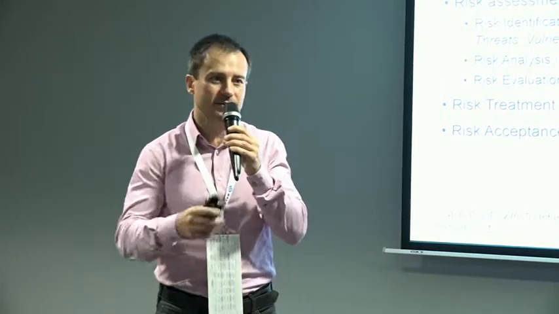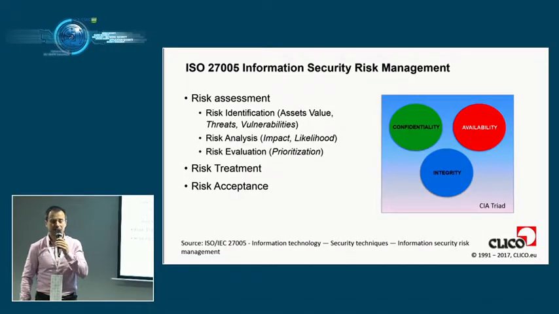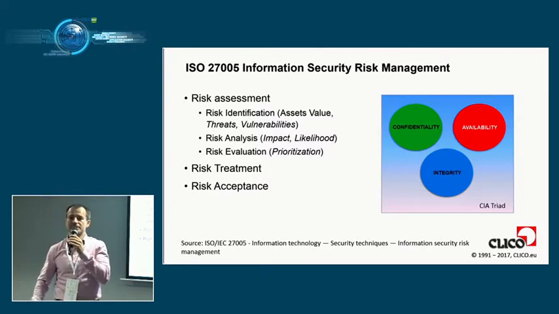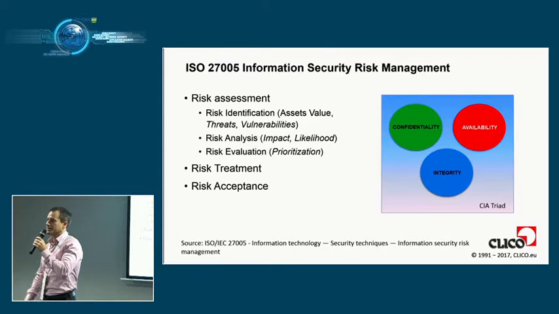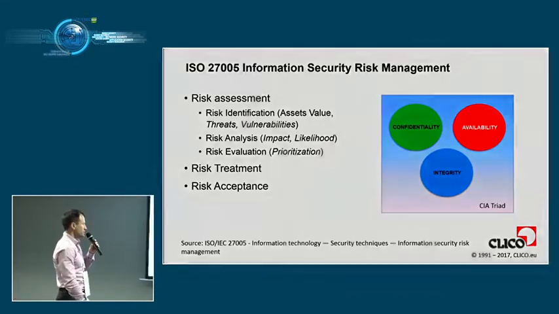We can reduce the risk using a safeguard, we can transfer the risk, we can avoid the risk, for example by destroying the IT system. Generally, in most cases, we try to reduce the risk. So, can we use this methodology for mobile devices? Yes, generally, yes. We can look at confidentiality risks, availability risks, integrity risks. So generally, we can use it.